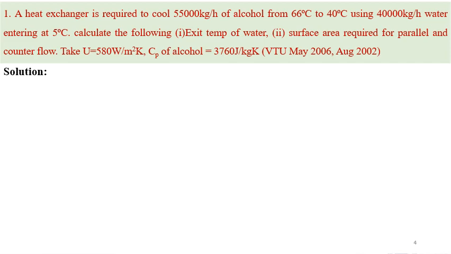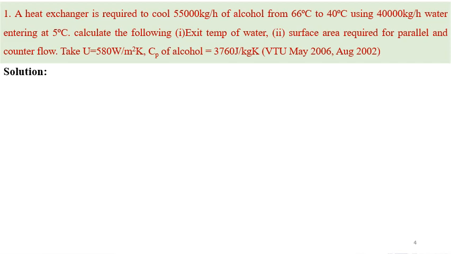That means obviously Th1 is equal to 66 degrees centigrade and Th2 is equal to 40 degrees centigrade, where h stands for hot fluid. Whereas the inlet temperature of the cold fluid water is given as 5 degrees centigrade, that is Tc1, where c stands for cold fluid.